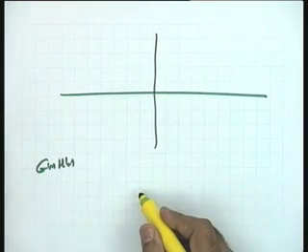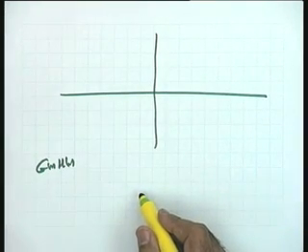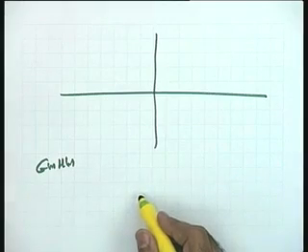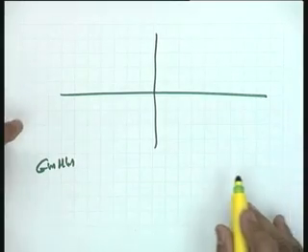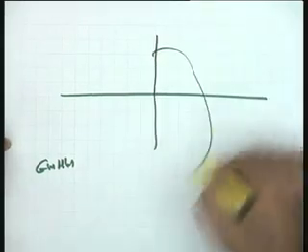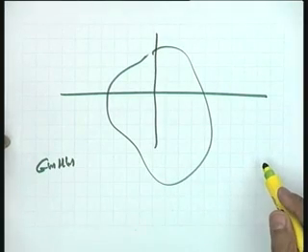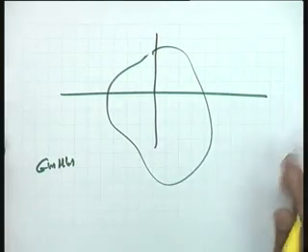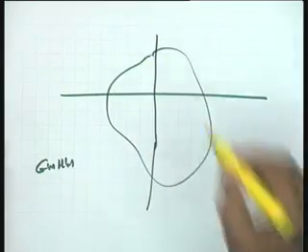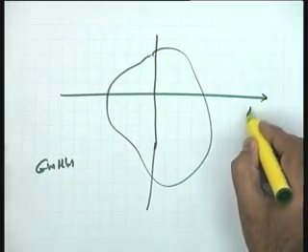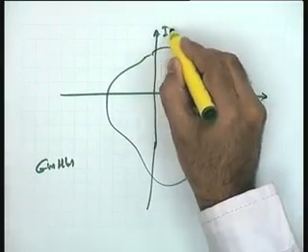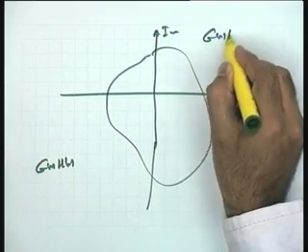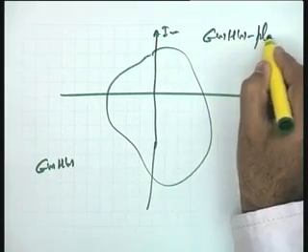Make a plot of GSHS as the representative point S travels along the Nyquist contour in the S plane, and let us say that this is the plot I get. Okay. As I said, I am not interested in the exact quantitative nature of the plot, only the qualitative shape will do.